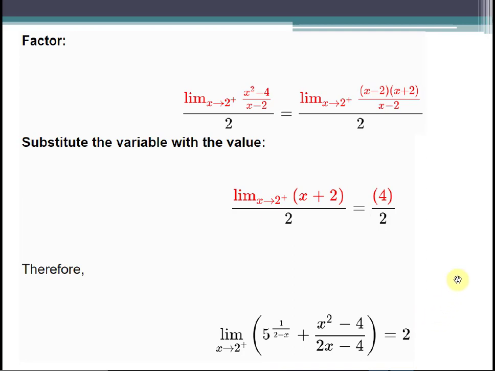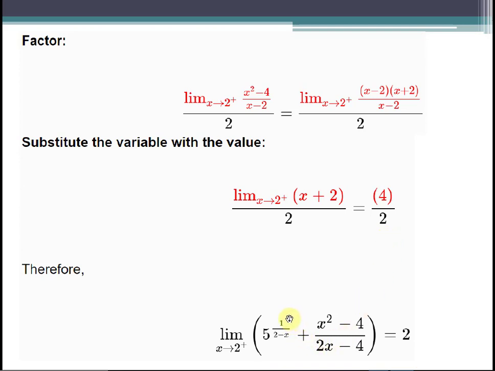And now, with the second one, we can factorize the second one, and we have x minus 2, x plus 2, over x minus 2, we can cancel x minus 2. And we don't have any indeterminate form now, and it is just 4 over 2. You can put 2. It's just 4 over 2 or 2.